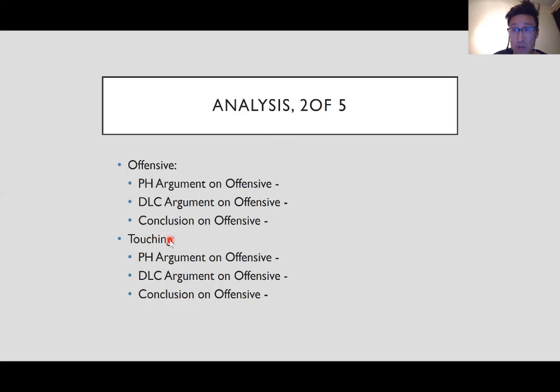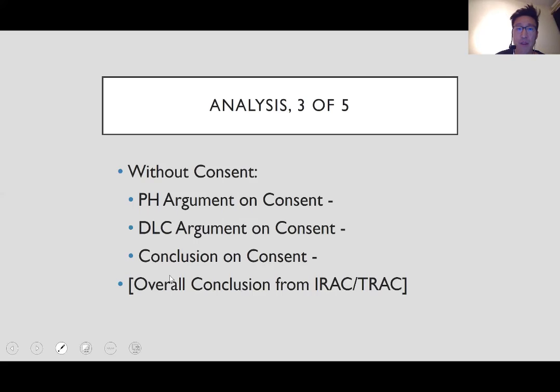If you're not following the structure, you're going over touching when there's no reason to. So mentally, this is what you're thinking, but even in a full IRAC analysis, you might just settle this very quickly and say there's no question that DLC's pie made contact with PH's face, and just move on.